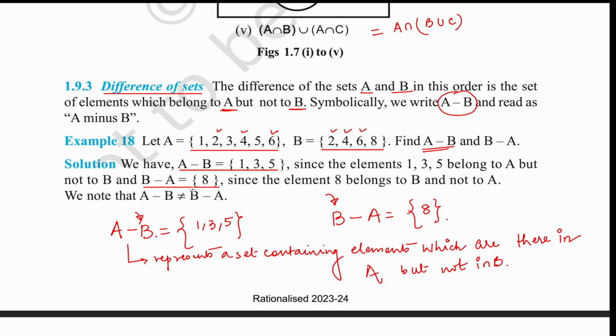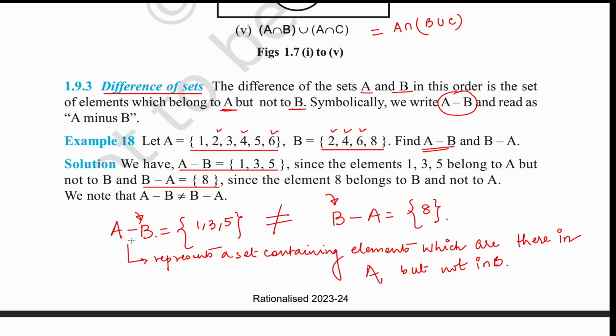Now if you see carefully, this A minus B and B minus A are not the same, and that is why order is important. So whether you are finding A minus B or B minus A, the order is going to be important, right? If you change the order of the two sets, the set is also going to change, right?